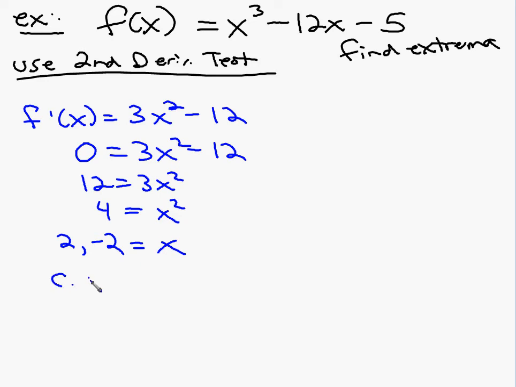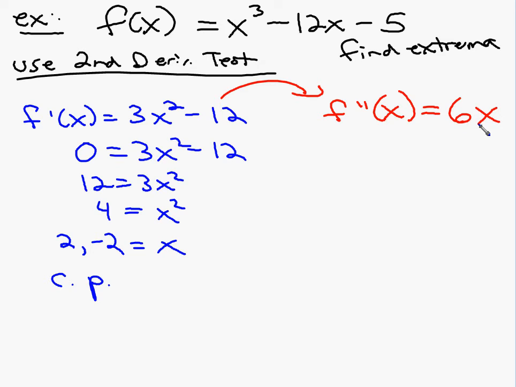Those are my critical points. Now, I know this function is easy, okay? But the process is the same. The next thing I need to do is find the second derivative. So the second derivative is going to be 6x.